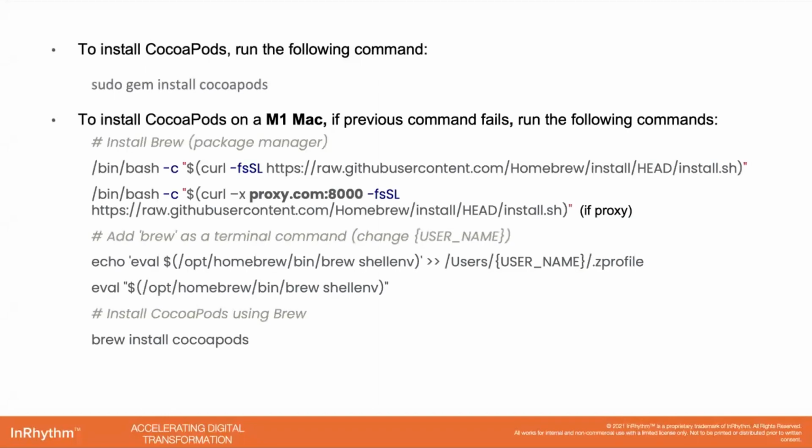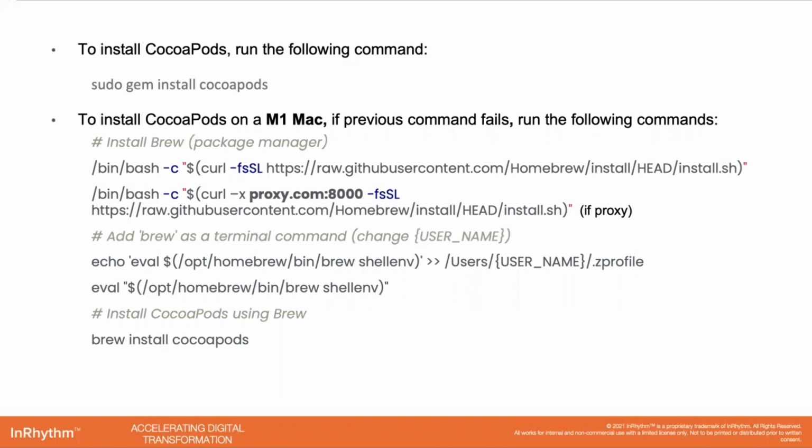There's another route, which is installing Homebrew first, and I will explain every single command here. If the first command, sudo gem install cocoapods, doesn't work, then you can try to install Homebrew. To install Homebrew, you can run this command, bin bash, and the rest.